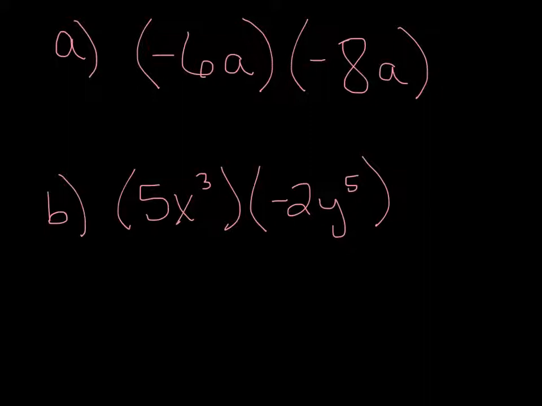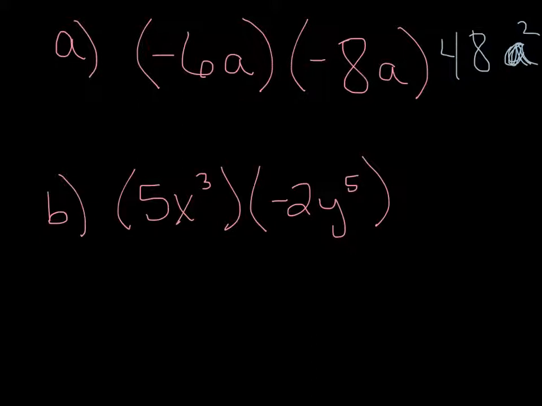Alright, so let's see how you did. Negative 6 times negative 8 equals positive 48. And a times a is a squared. How'd you do? Hopefully good.